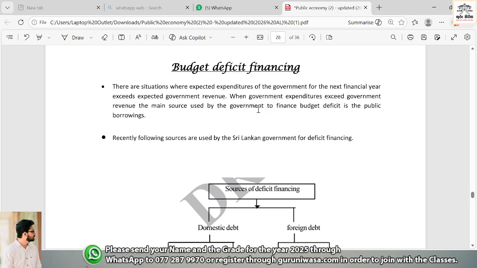When government expenditure exceeds government revenue, the main source used by the government to finance the budget deficit, to bridge the gap, is public borrowings. Public borrowings mean the loans taken by the government. Why does the government have to borrow funds? To finance the budget deficit. If there is a budget deficit, finance it.